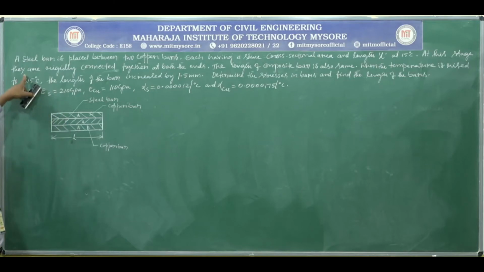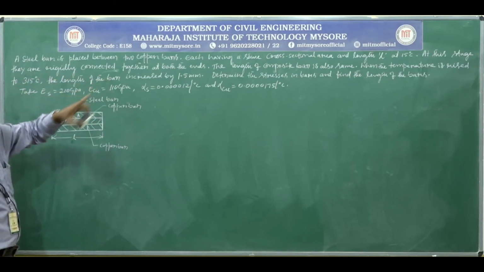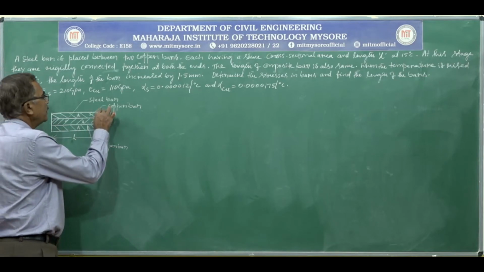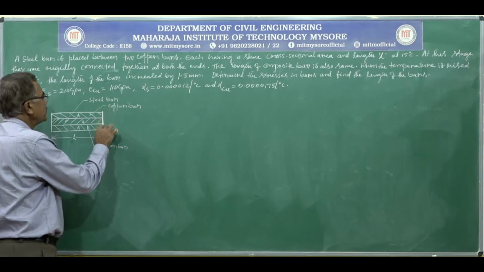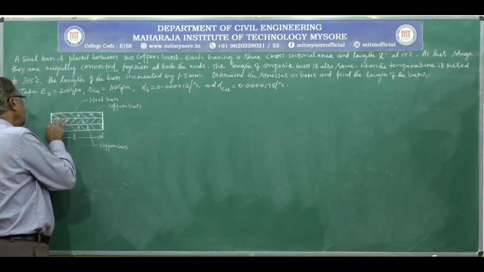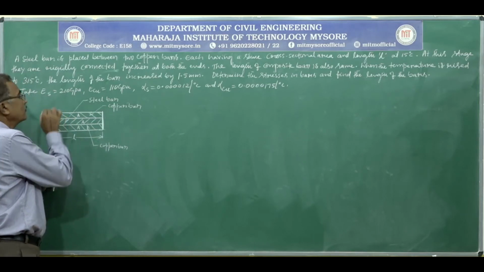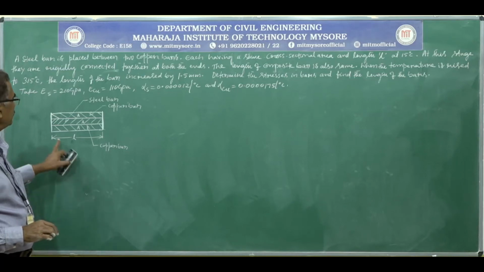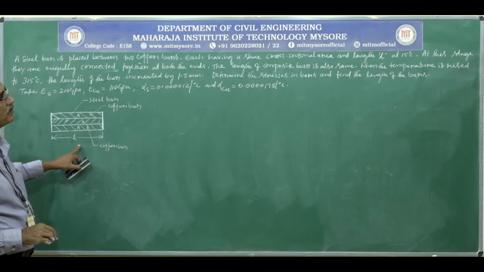At this stage, they are rigidly connected together at both the ends by means of a plate of negligible thickness. The length of the composite member is also the same.